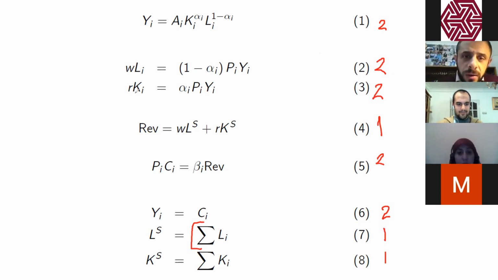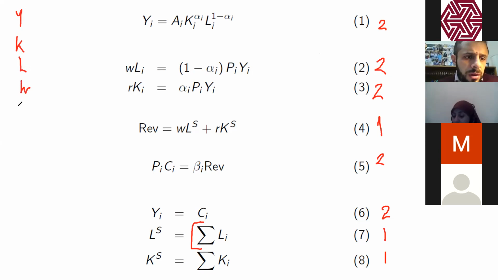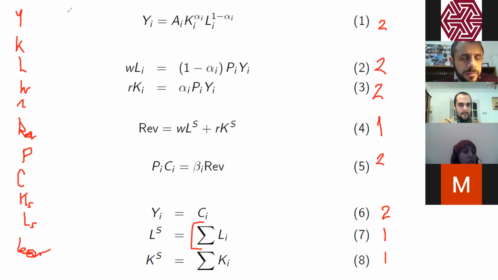Let's count the number of variables. We have the same variables: Y, K, L, W, R, revenue. We have the price, the consumption, the capital supply, the labor supply, and the Léon. Most of them are indexed already.